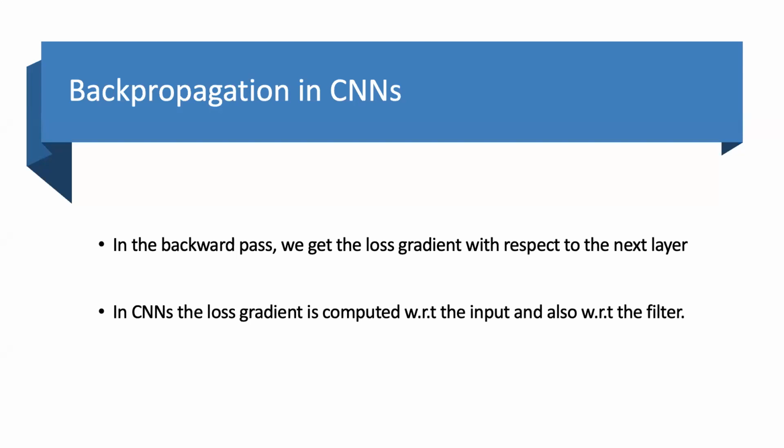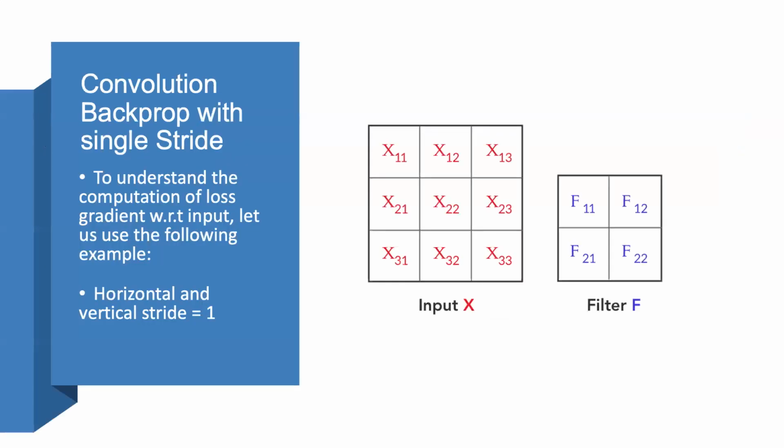Let's have a look. So just like in the forward pass, we have our input X and we have our filter F. We pass it over input X. We are first going to consider the case when we are passing the filter over the input X with the stride of 1, okay?